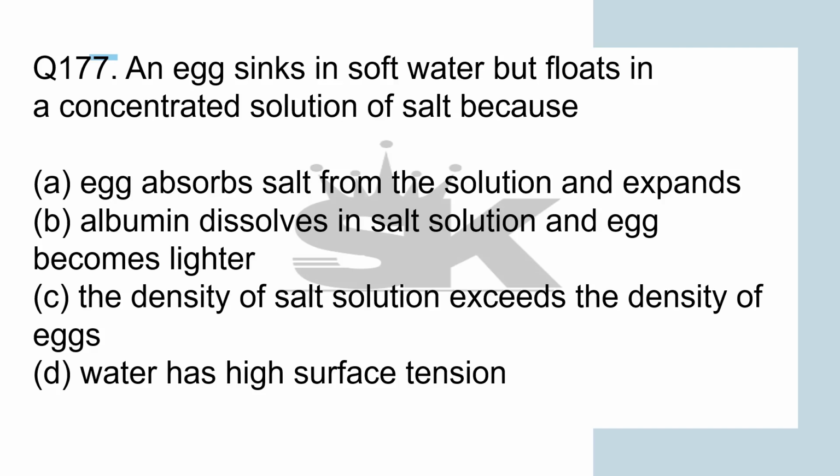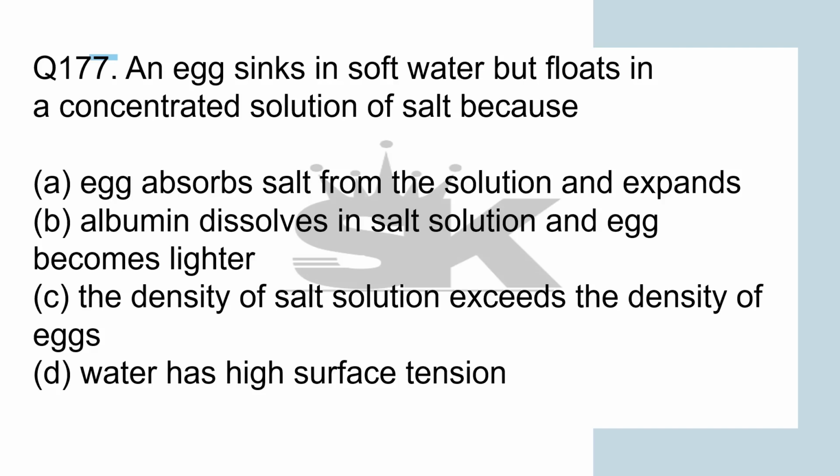An egg sinks in salt water but floats in a concentrated solution of salt because the density of the egg is higher than the density of tap water and soft water, so it sinks. When enough salt is added to the water, the salt water solution's density becomes higher than the egg's, so the egg will float.